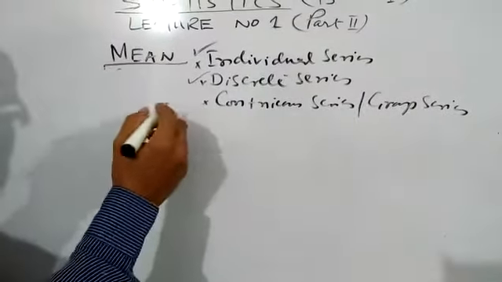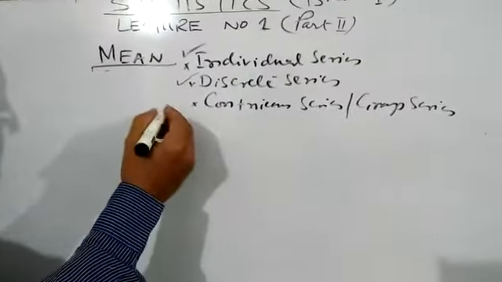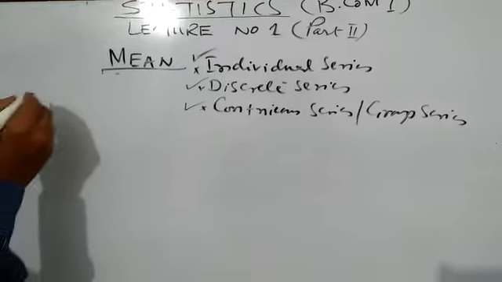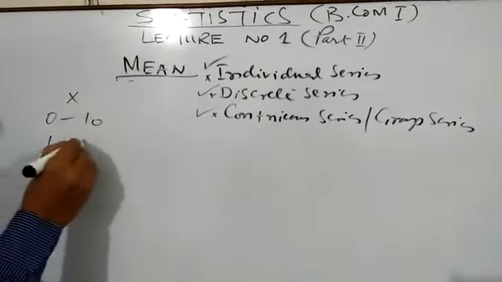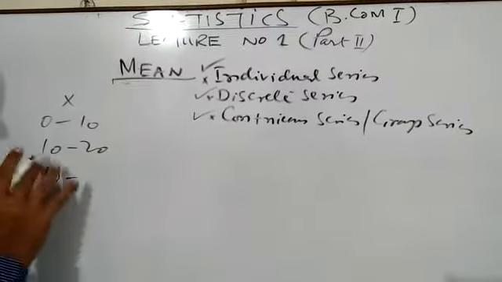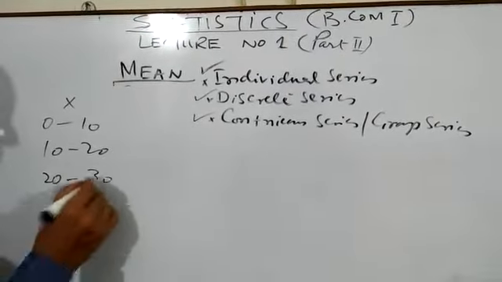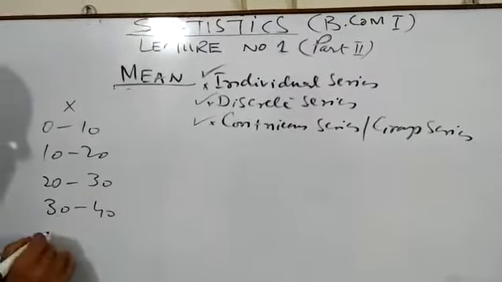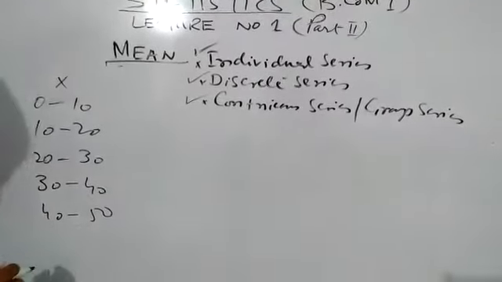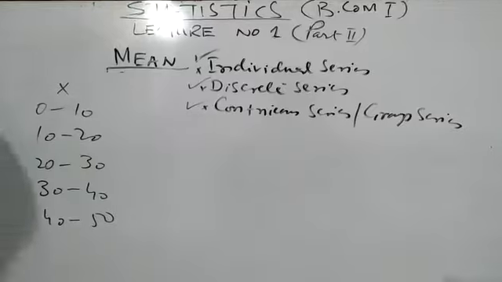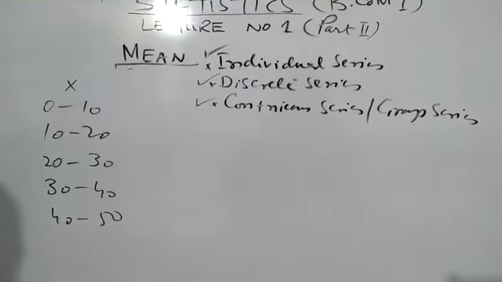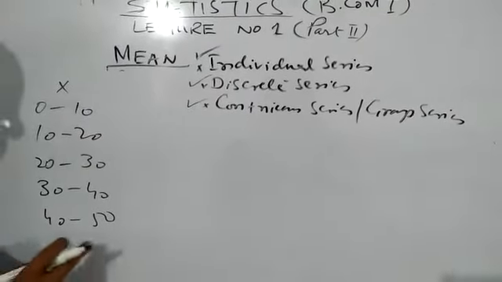The third and final series is the continuous series or group series. Now we are going to find the mean in the continuous series. The question will be in this form: x will be 0 to 10, 10 to 20, 20 to 30, 30 to 40, and 40 to 50.